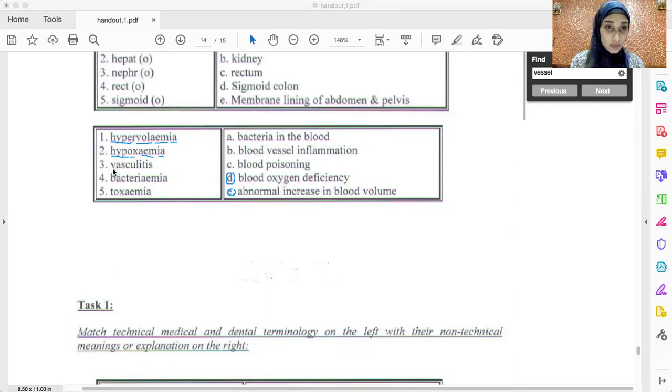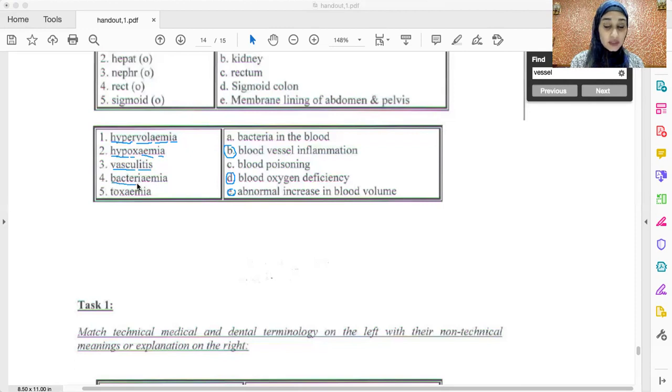All right, number 3, vasculitis. As we said, vasculo means blood vessels and itis means inflammation. So the answer will be blood vessel inflammation. Number 4, bacteremia.